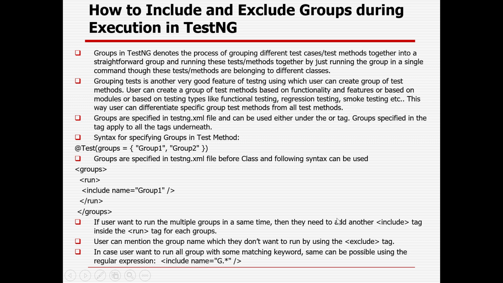So that is the way. In case you have like 1000 test cases, you can categorize all the test cases with some group, and then next time, based on your requirement, you can update the testng.xml file and run your execution suite based on your requirement. So that is the way you can include and exclude groups during execution in the TestNG framework.